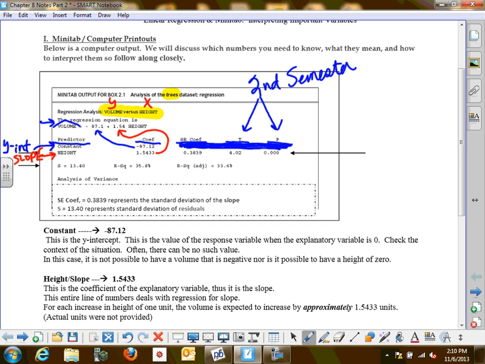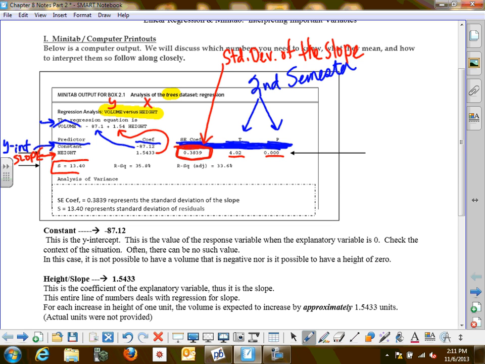All right, this number right here, it's in this column that says standard error coefficient, but it is more frequently called the standard deviation of the slope. For right now, I don't want to go into the idea of what that is yet. We're going to do that later this class period. I want you just identifying its location. So this is the standard deviation of the slope. This t and this p-value we'll use next semester.